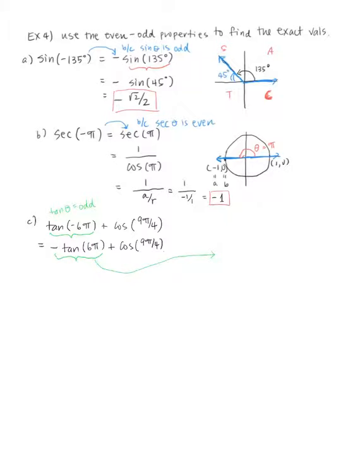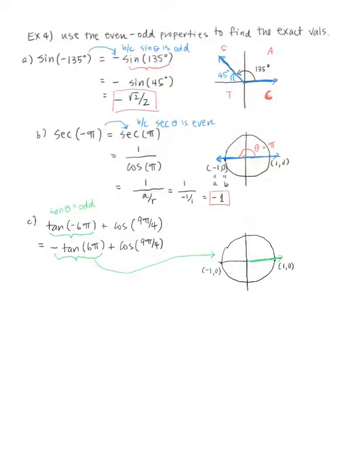Okay, so let me just draw the picture and see what's going to happen here. All right, so we're given the quadrantal angles again. So I'm going to call this point 1, 0, negative 1, 0. All right, so we're going to have to revolve 6 pi. So this is going to be our initial side.